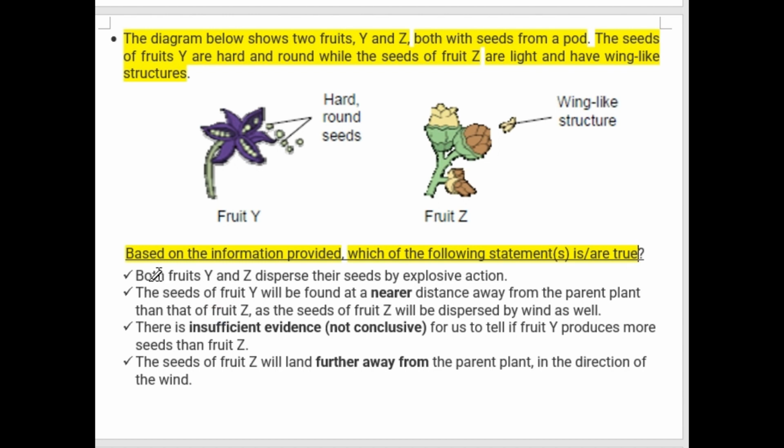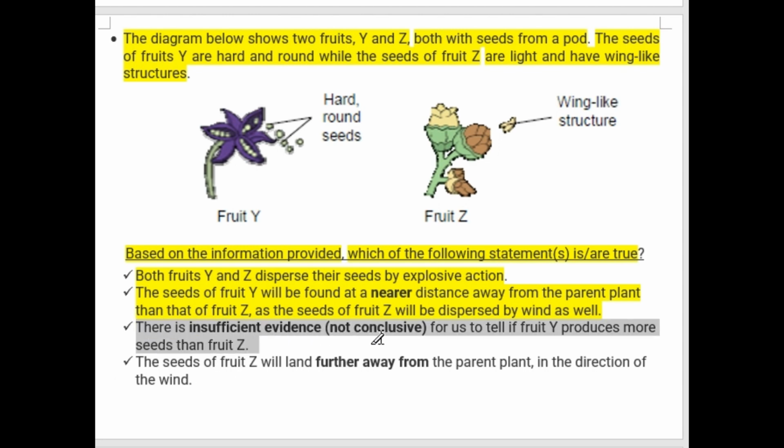Both fruits Y and Z disperse their seeds by explosive action. The seeds of fruit Y will be found at a nearer distance away from the parent plant than that of fruit Z, as the seeds of fruit Z will be dispersed by wind as well.